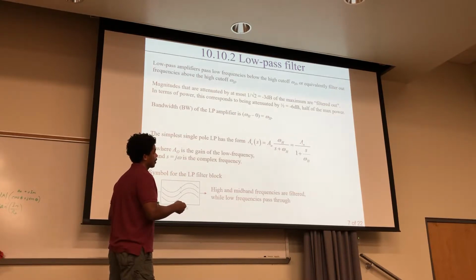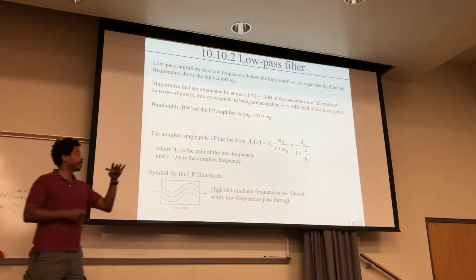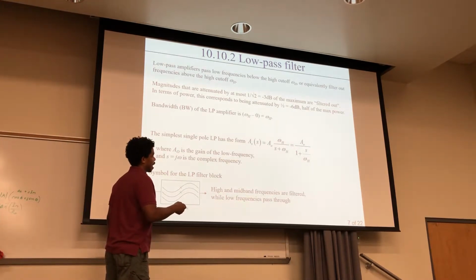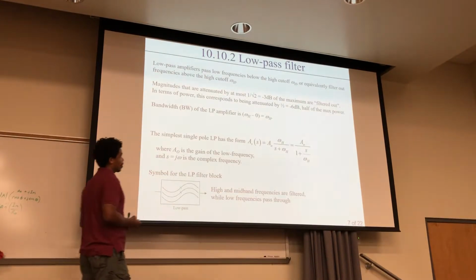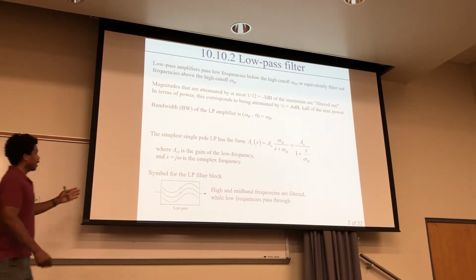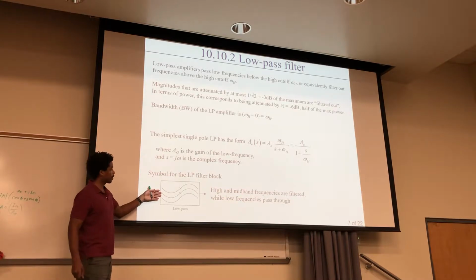Where this part right here is the gain of the maximum value, and you want the denominator to look something like this, okay? That allows you to plot it out quite easily. And then once it's in this form, you're able to pick off, just by inspection, what that cutoff frequency, omega h, is, okay? And here's the block symbol for a low-pass filter.